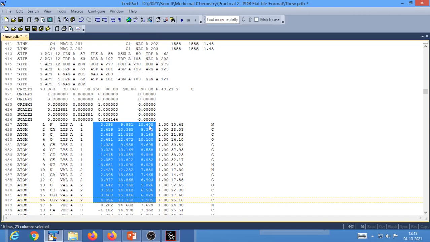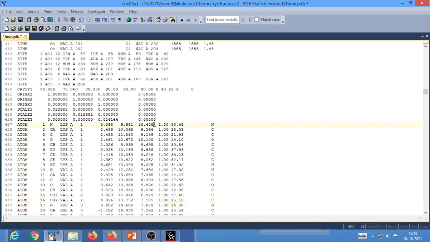Okay, so these are the 3 coordinates, x, y, and z, for each and every atom in your protein. Besides these 3 coordinates, there are 2 more columns present in your PDB file, and these are also very important for you to learn. The next column after the coordinates is called the occupancy.